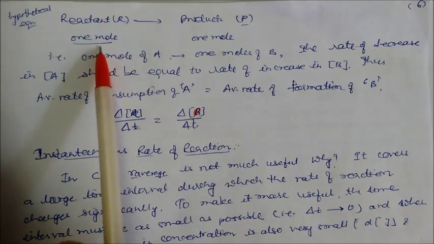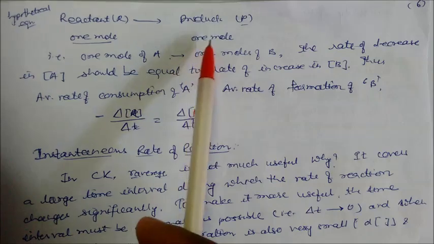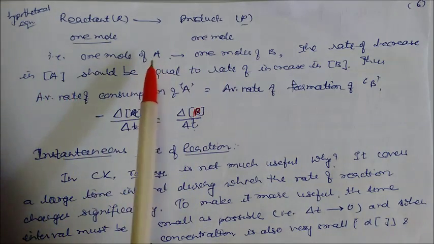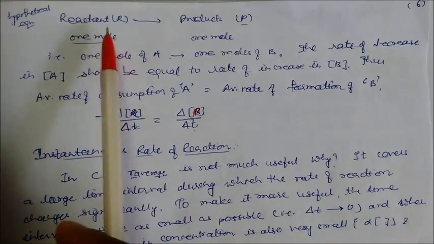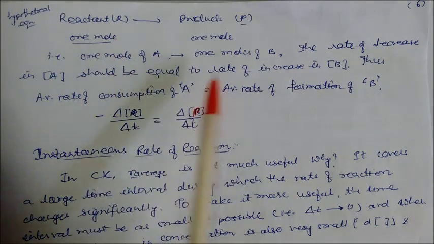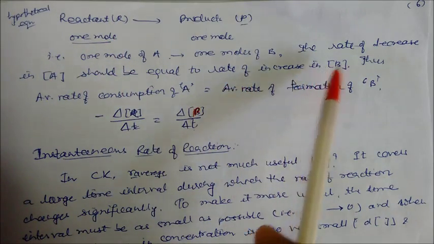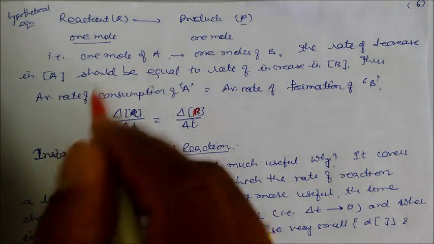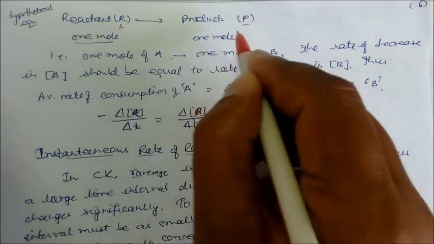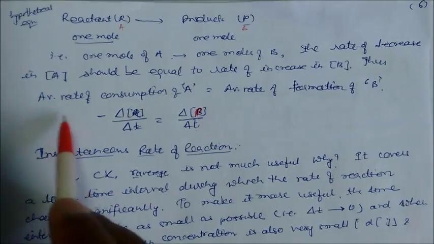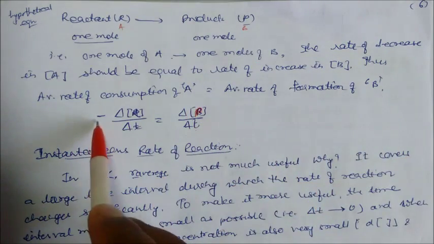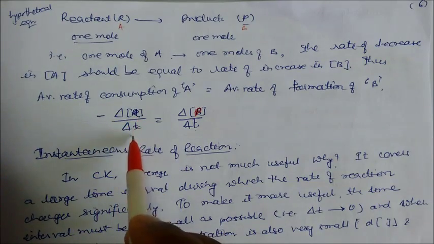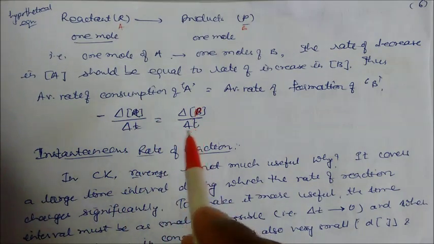Let us take 1 mole of reactant A and 1 mole of product B. The rate of decrease in A will be equal to the rate of increase in B. The average rate of consumption of A is equal to the average rate of formation of B. So we can write minus delta A by delta t equal to delta B by delta t.